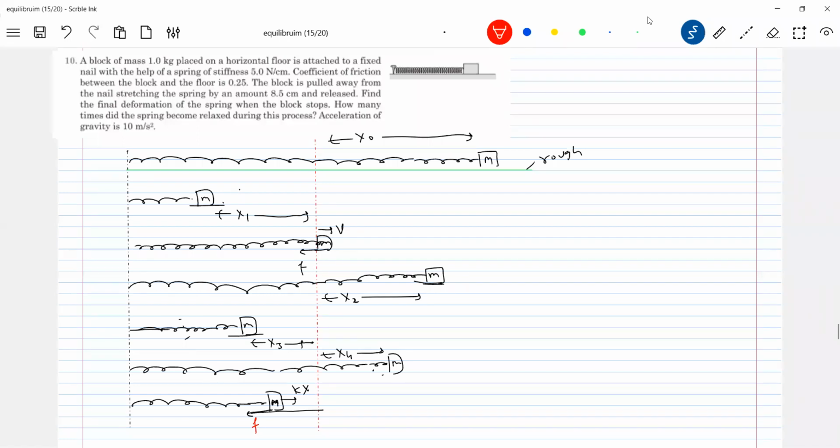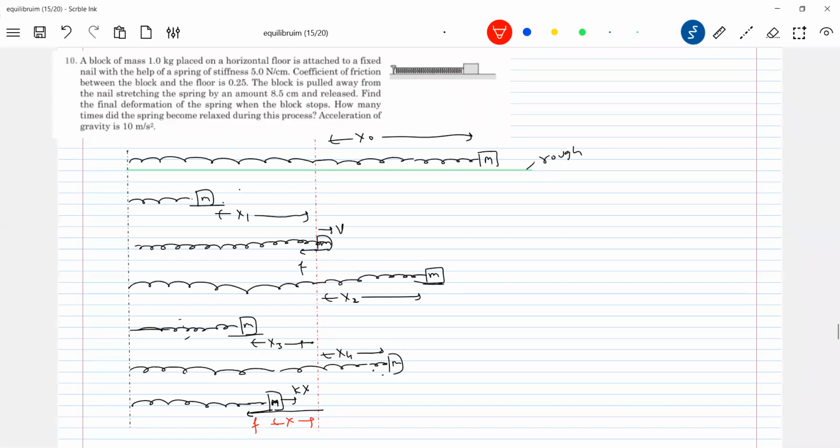And this will be the final. So what happened? The block has described to and fro motion with a decreasing amplitude, and finally it has come to rest here.